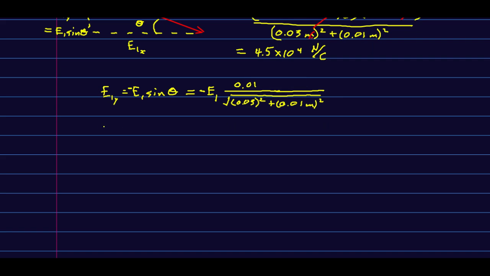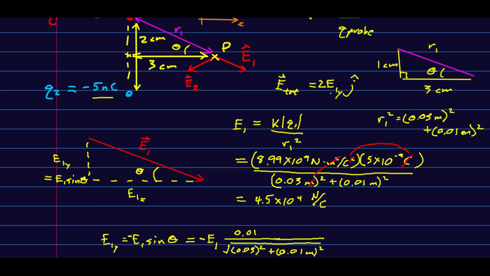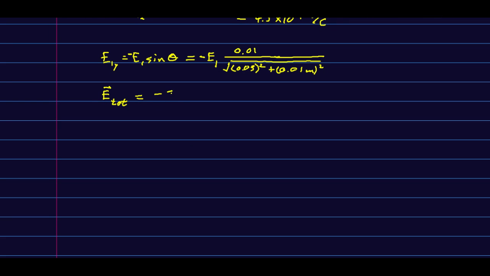Finally, our E total, we already know, is just going to be 2 E1y j. So negative 2 E1, all of this stuff, which I'm not going to write out again, j hat.